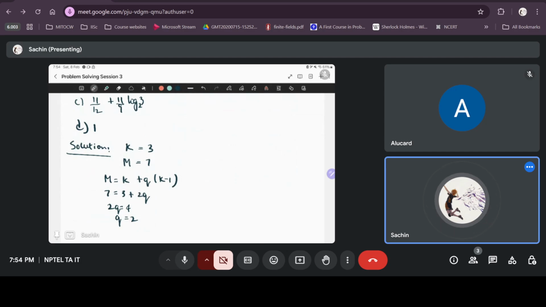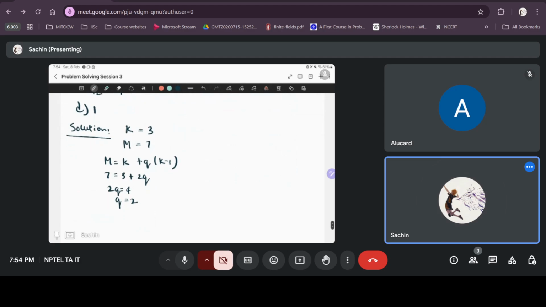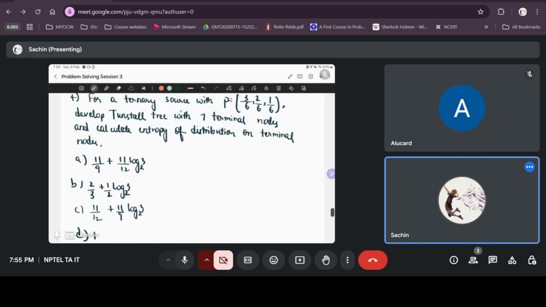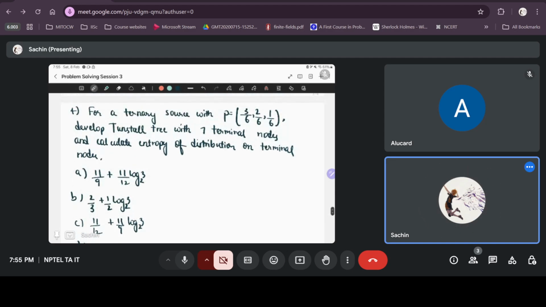So we have to extend a node twice. You have to go back and check how Tunstall's algorithm is carried out. We form the tree by extending nodes in each stage.